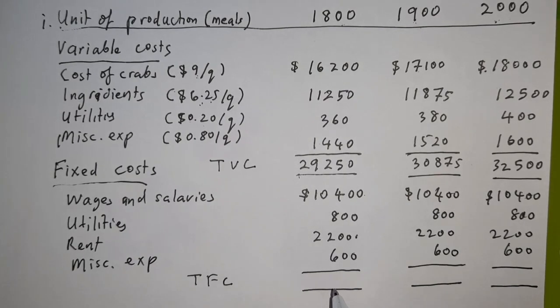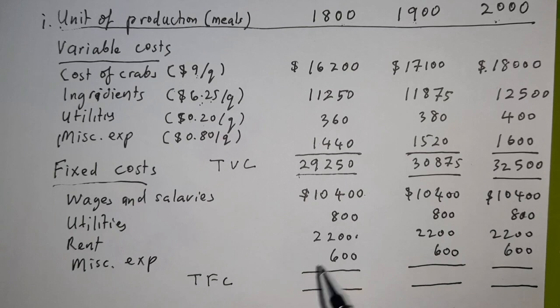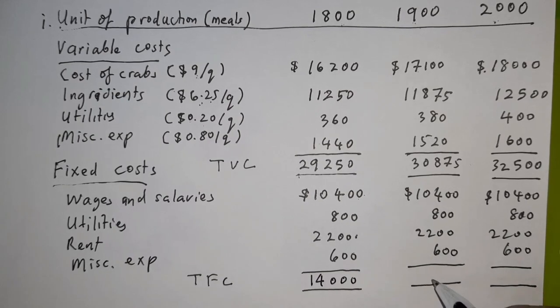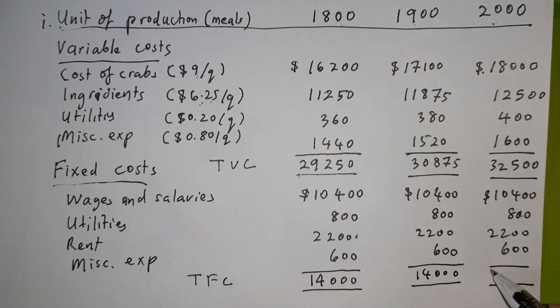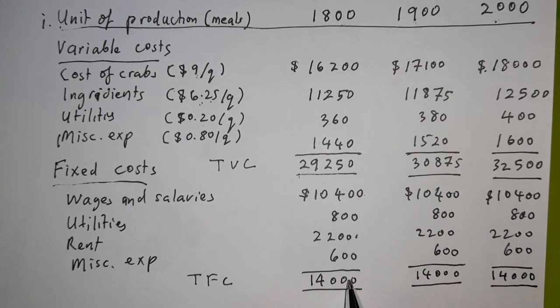Okay, the total fixed cost here is, you add all these numbers, you will get 14,000. Same, it is a fixed cost. They are the same at every level of production.